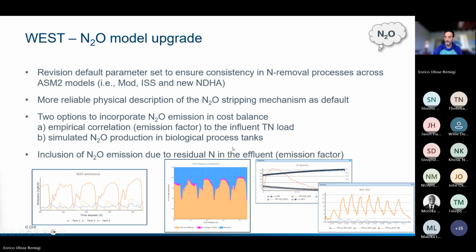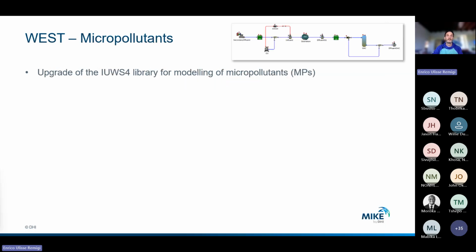We've also upgraded and improved the micropollutant model, the ASM2D mod MP for micropollutants. It's mentioned here as the IUWS library because this is incorporated in this library called IUWS4.